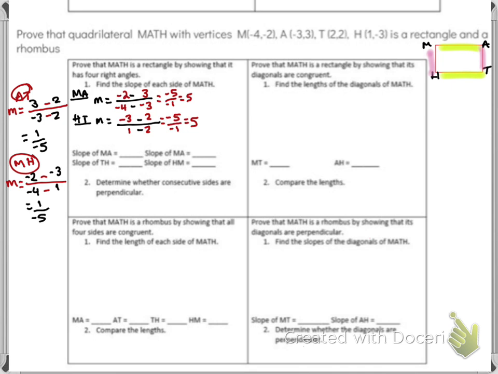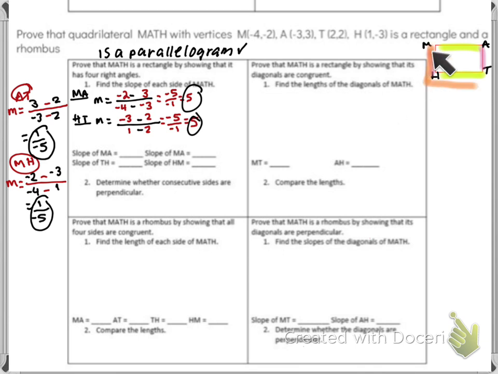Now, if I was just asking you, is this a parallelogram, yes or no, you'd say yes, because opposite sides have the same slopes. Now, if I was asking you, is this a rectangle, you should look at consecutive sides. So this so far is a parallelogram. Now, if you're trying to figure out whether this is a rectangle or not, look at the consecutive sides. So we're going to look at MH and HT. So MH is this one, HT is this one, and you're just going to see, are they opposite reciprocals?